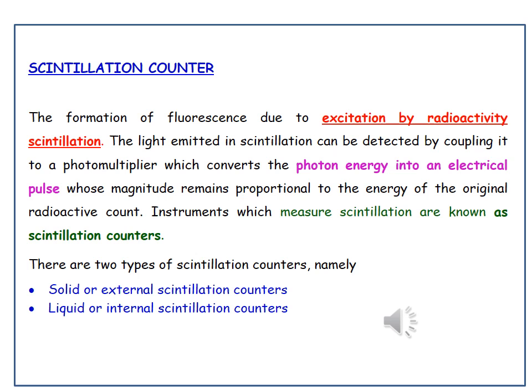The photomultiplier converts the photon energy into an electrical pulse whose magnitude remains proportional to the energy of the original radioactive count. The instruments which measure scintillation are called scintillation counters.